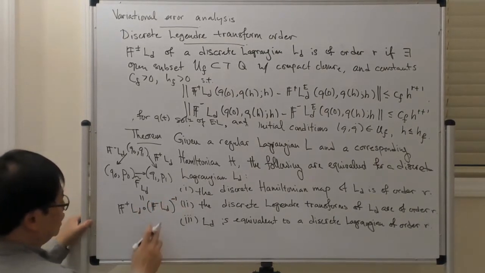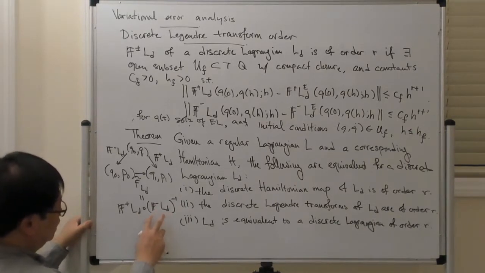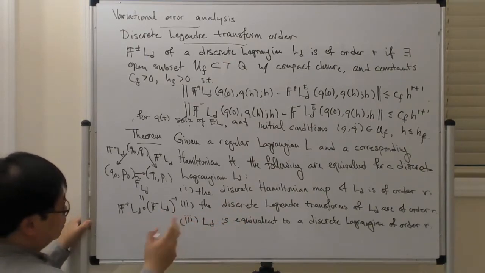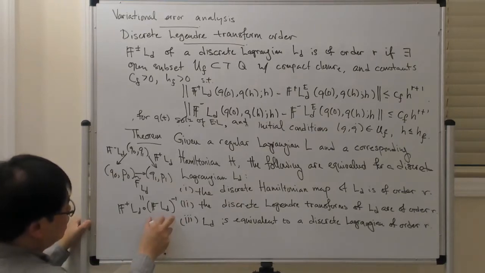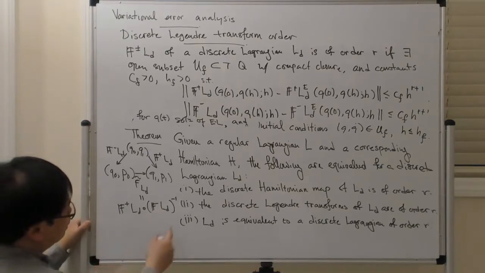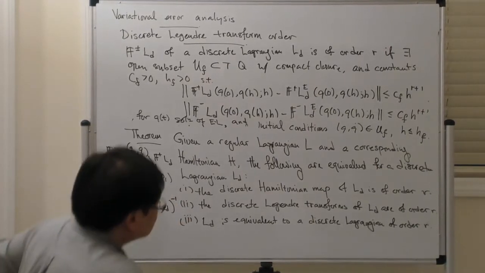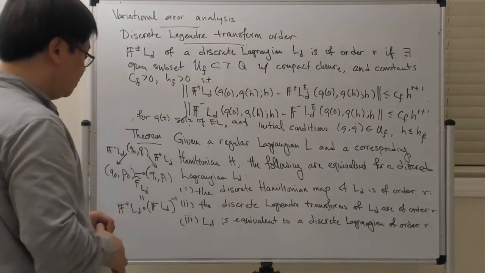So more or less what you show is that if the discrete Legendre transform has order R, then by some sort of implicit function argument, the inverse of that has order R as well, and then the compositions have order R. So going from here to here to here is based on that kind of argument, and in some sense, that's perhaps the more important direction.